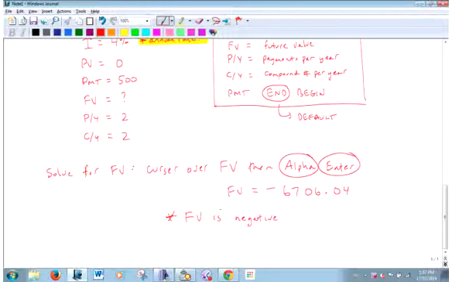Okay, don't worry about it. Just if you're solving for this, know that this answer is going to be negative. And if you're going backwards, if they give you a future value and you want to solve for present value or payment, you got to put a minus in here, or it'll say invalid. Okay? So just future value is negative. Okay? Comes out negative, or you got to put it in as negative, and everything will be hunky-dory.